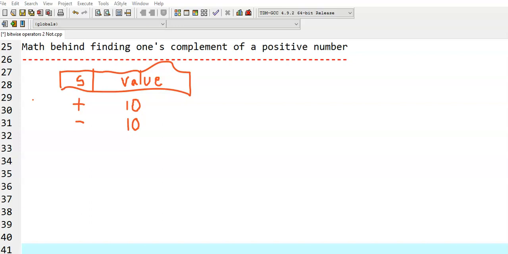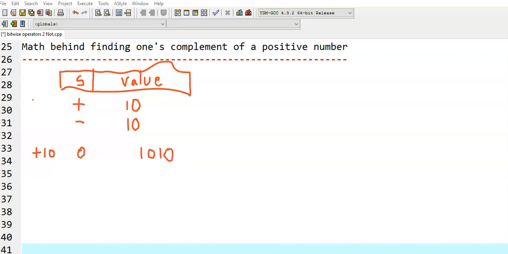If we take an 8-bit register, then plus 10 is stored in this format. Plus is represented by 0 in the computer system. 0 is the sign value. Then what is the magnitude value of plus 10? 10 in binary format.